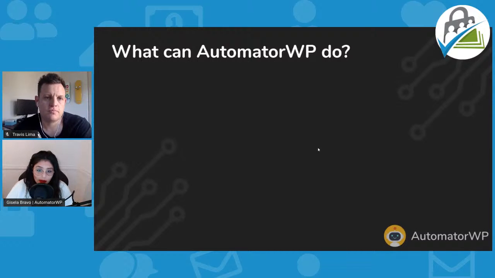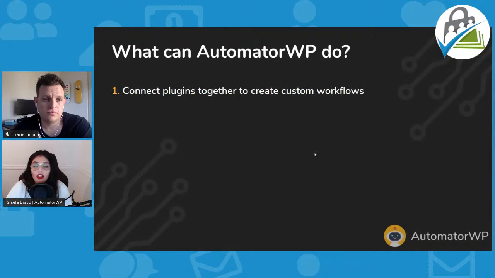Then, to sum up, let's review all the features of this plugin, Automator WP. As we have seen, we can connect plugins and create custom workflows. All the previous examples are real actions that you can do thanks to Automator WP. But I think that these examples are very simple. We can create more complex workflows.